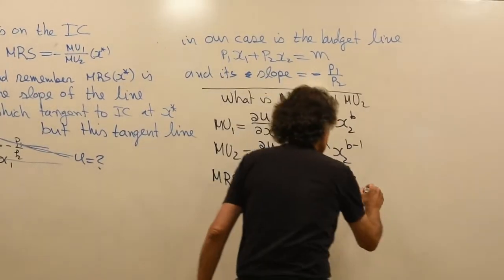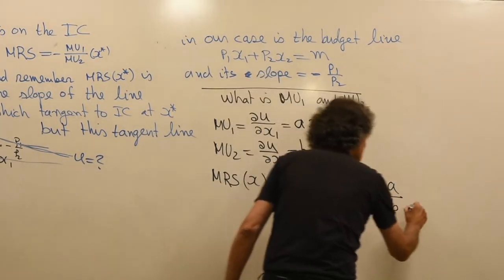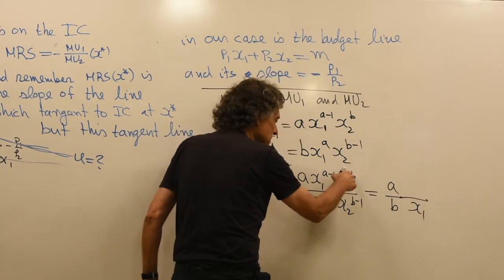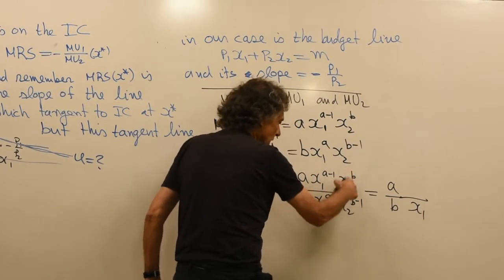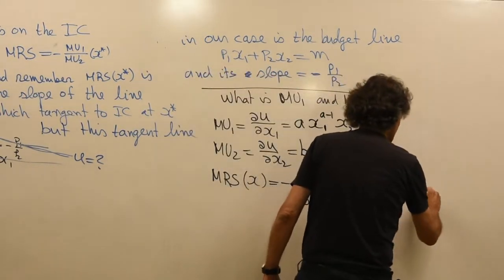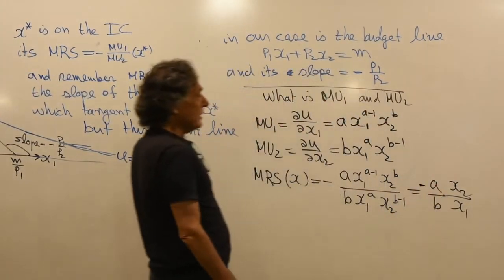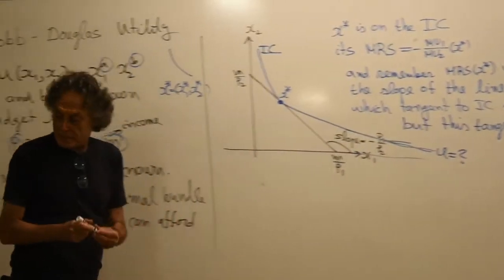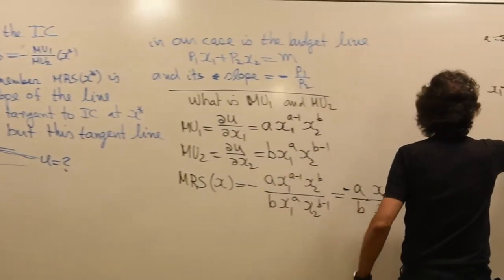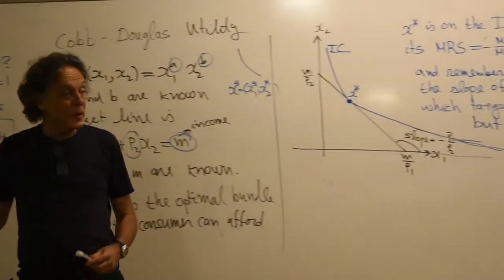So this is a over b, and I have to put x1 down. But x2 to the 8 over x2 to the 7 is exactly x2. So I got the MRS, and it's a minus. MRS is a very simple expression. And now I know that this is equal to the slope of the budget line.